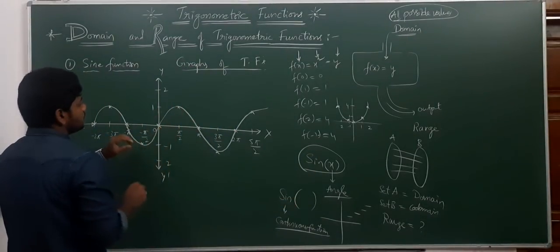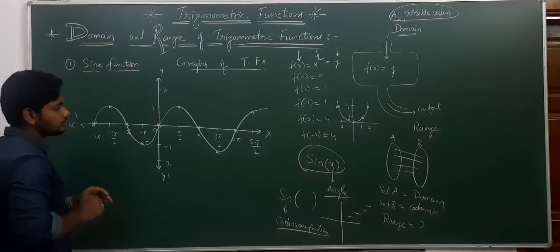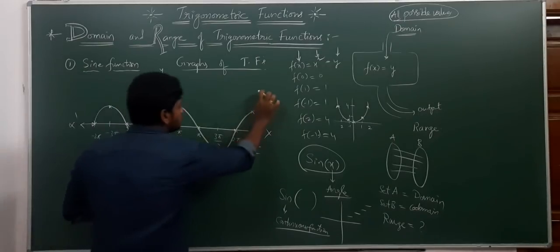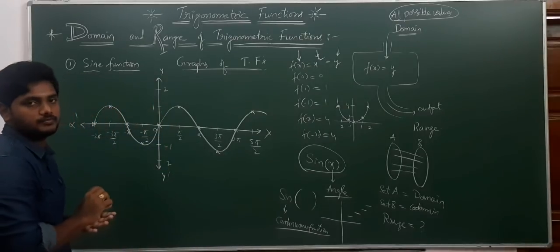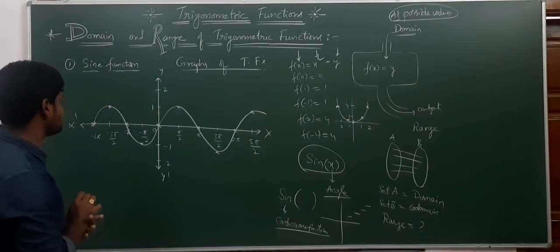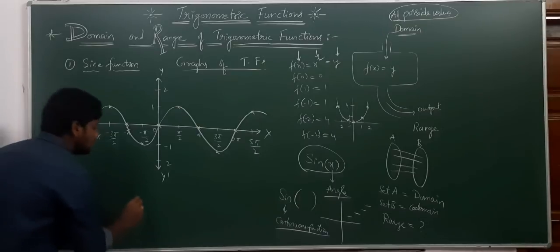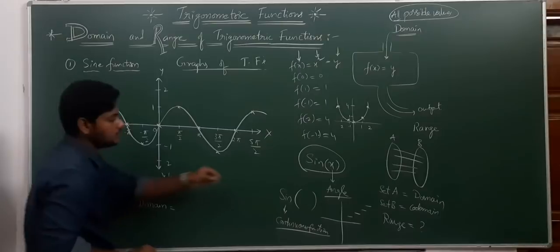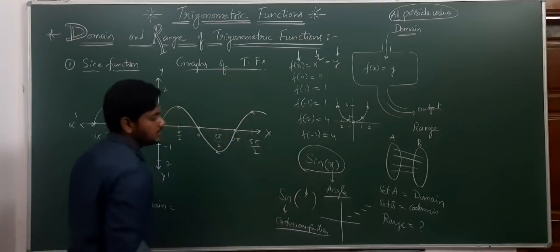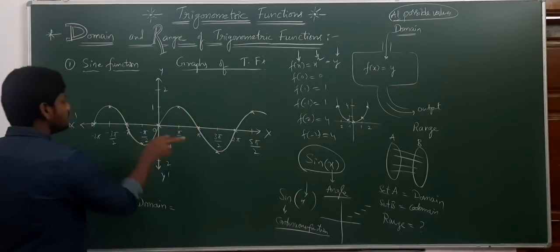Now from this, if you identify clearly, what may be the range of this function? What may be the domain of this function? Let us observe carefully. What is domain here? Domain means input values, right? Which values can we put?